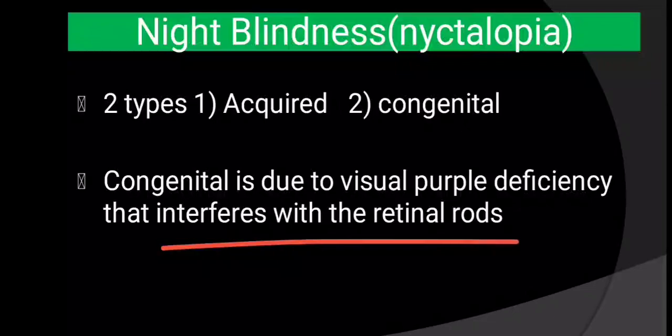We have rod cells in our eyes. In night blindness, the person is not able to see properly in dim light.